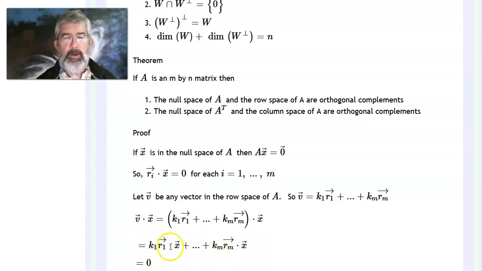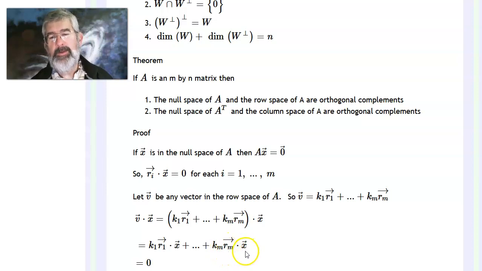And then I also know, although I didn't write it, that I can do the dot product before multiplying by the scalar. This is another one of the properties: you can do the dot product first, or you can multiply by the scalar first. But let's do the dot products first, because I know from up here that row 1 dotted with x and row 2 dotted with x, all the way up to row m dotted with x, are all equal to 0.